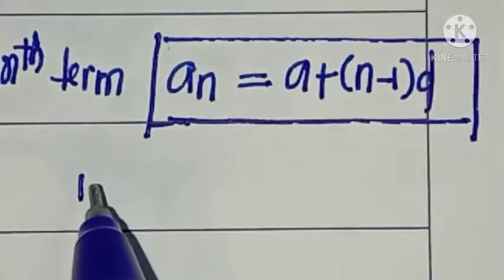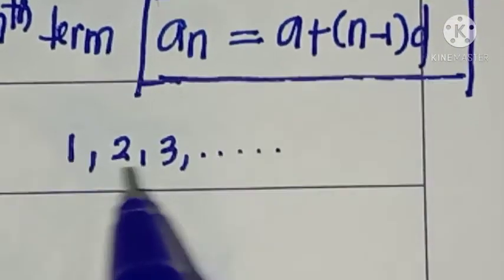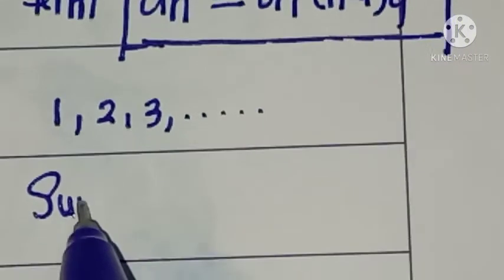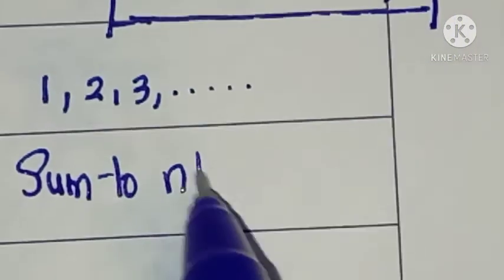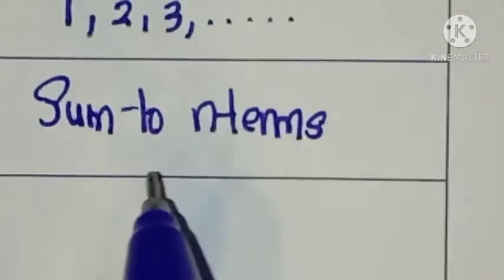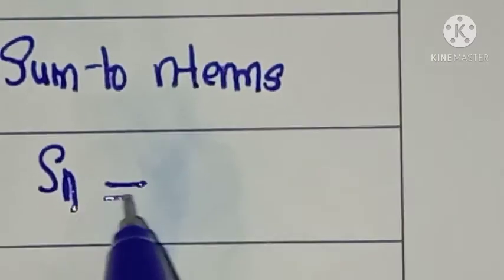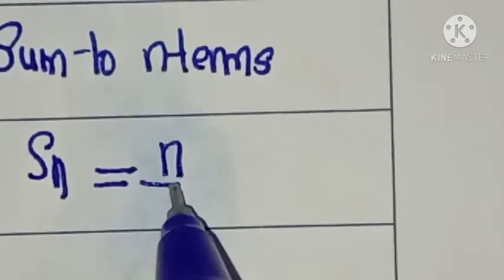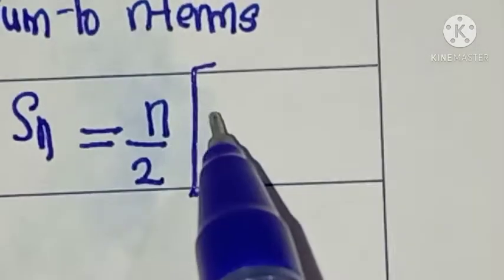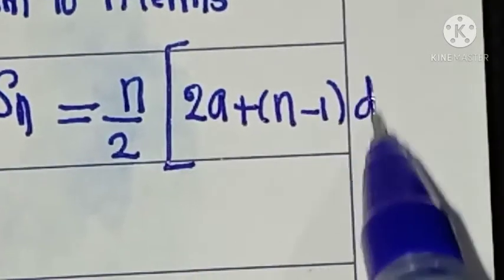Now, see, for this arithmetic progression, we can see its sum to n terms. This formula you also studied. There are two formulae to find sum to n terms. Sum to n terms is represented by Sn, and one formula is n by 2 into 2a plus n minus 1 into d.